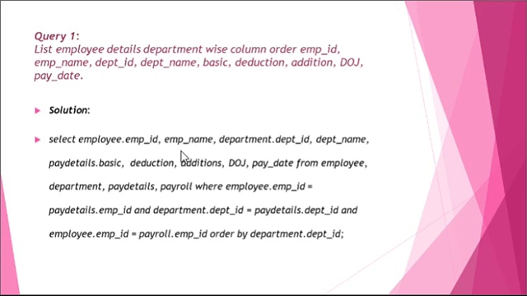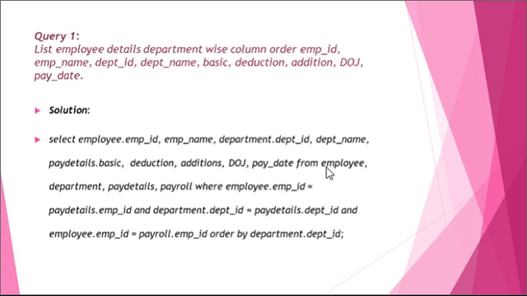Here I haven't mentioned employee dot employee name because in all tables we have only one employee underscore name, so my query processor will not be confused about where to fetch employee underscore name from. Next department dot department ID, department name, pay detail dot basic, deduction, addition, date of joining, pay date. These are all the columns I have to fetch, as mentioned in our question.